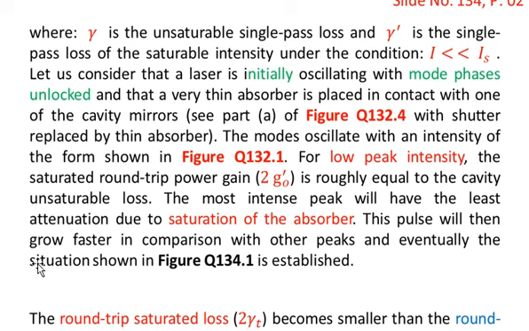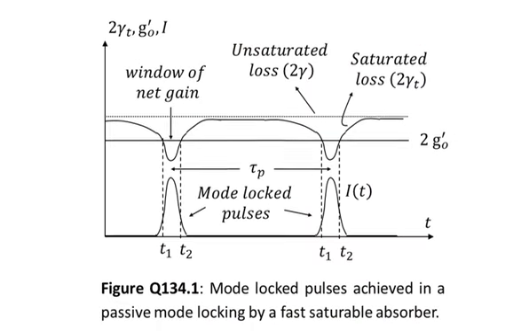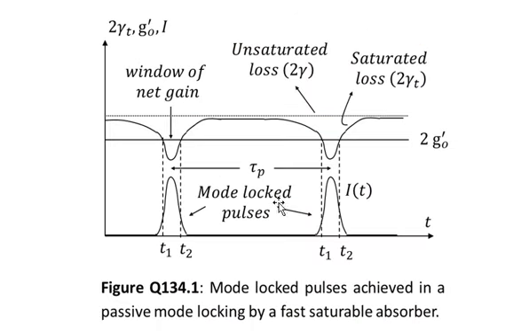This pulse will then grow faster in comparison with other peaks, and eventually the situation shown in figure number 1 is established. So you see that this is figure 1, which I have explained in great detail, and I have also explained how these pulses will be formed as mode locked pulses, and why the rest of the pulses will not be oscillating.